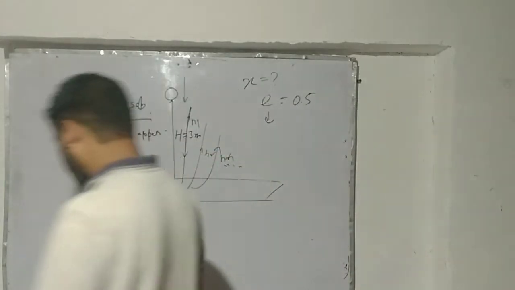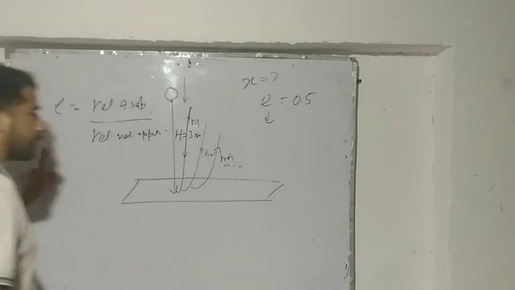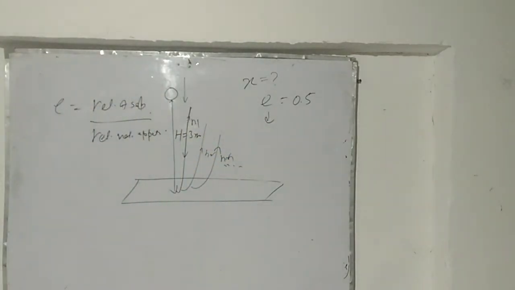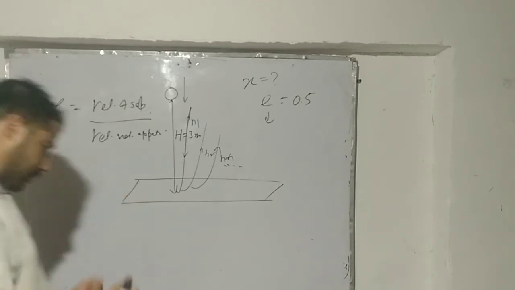In the problem, the coefficient of restitution is given as 0.5. Let me try to visualize the solution.